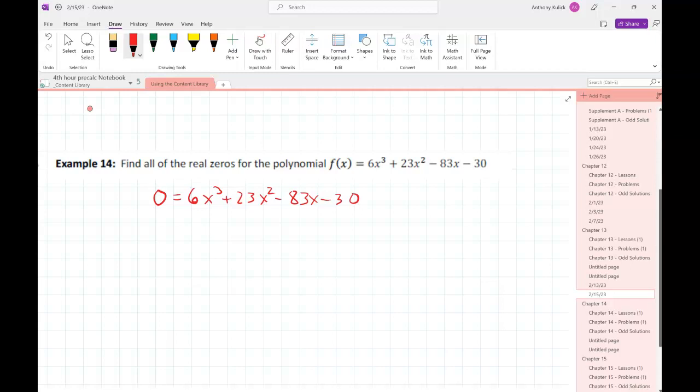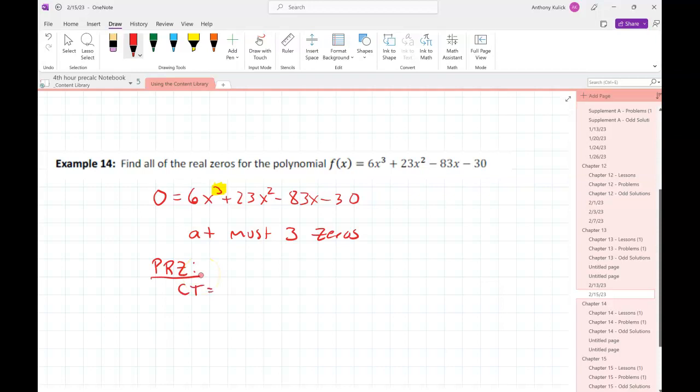How many zeros am I looking for? I know there's going to be at most 3 of them. Remember that from last time? So I'm going to start by looking at my possible rational zeros.